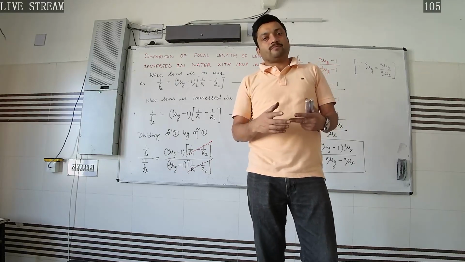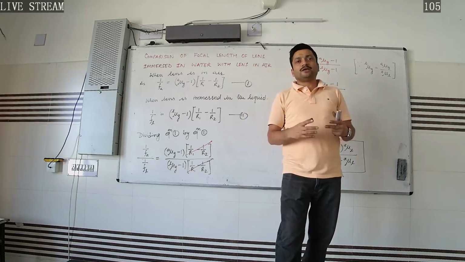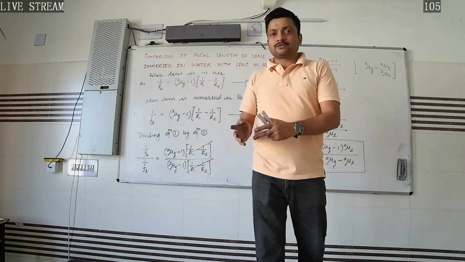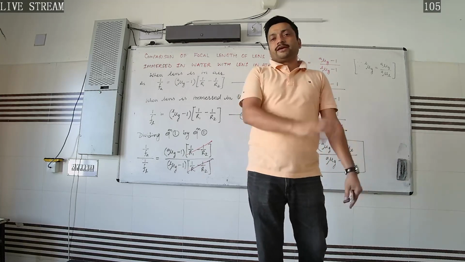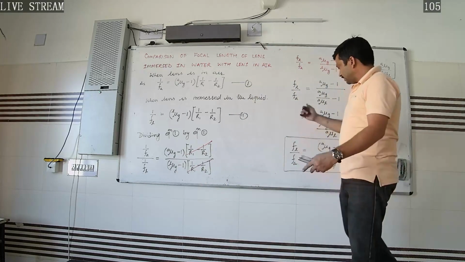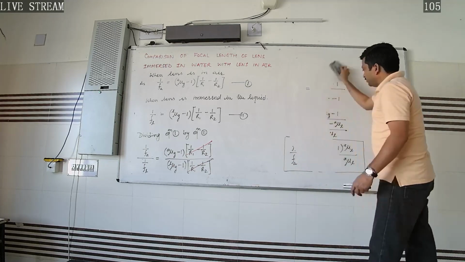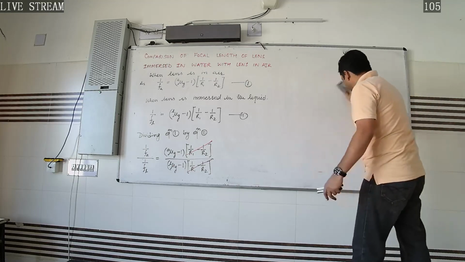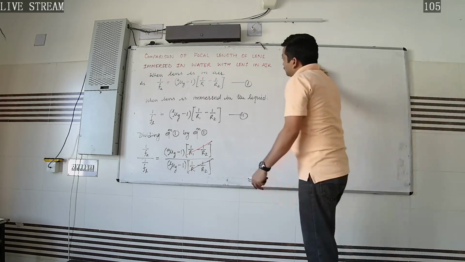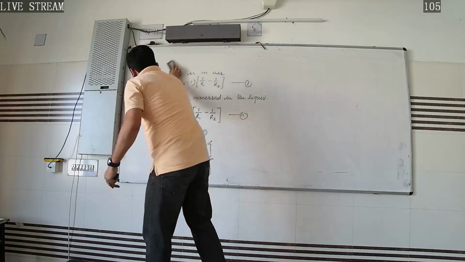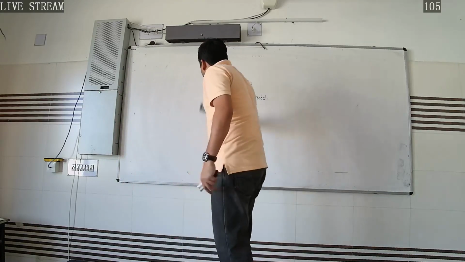Either it will behave like a plain glass, or like a convex lens, or like a concave lens. Let's study about that type, and it is also asked in your previous year's exam in CBSE. So let's study about it.